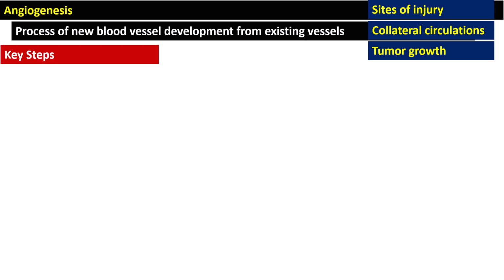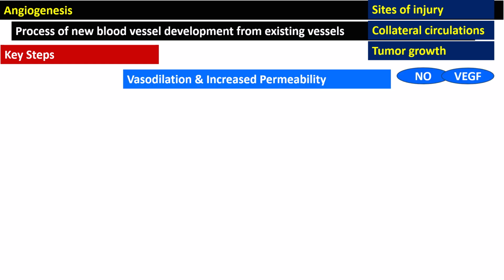This angiogenesis is a stepwise process. First, there is vasodilation and increased permeability that is triggered by nitric oxide and vascular endothelial growth factor or VEGF. It prepares the vessel for new sprout formation.